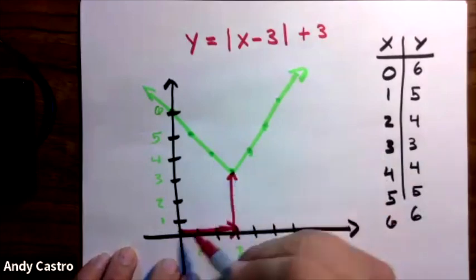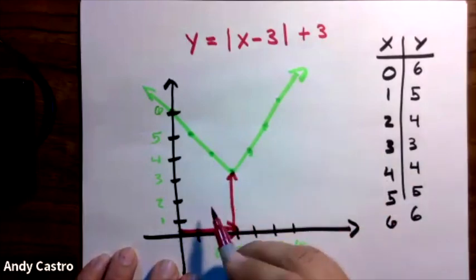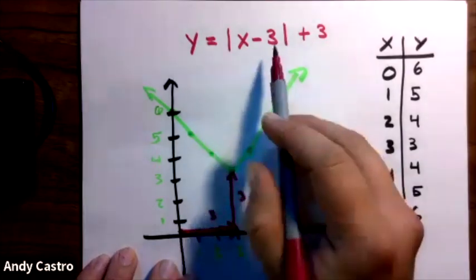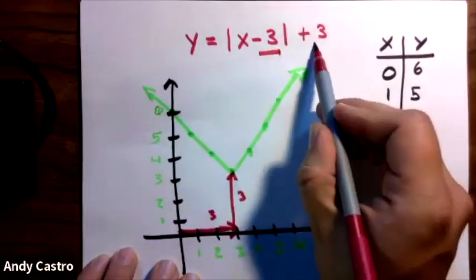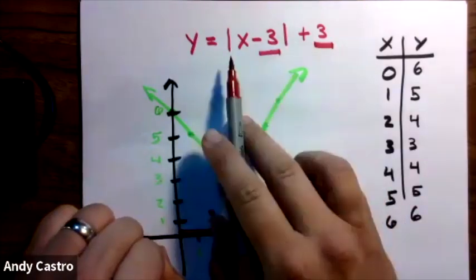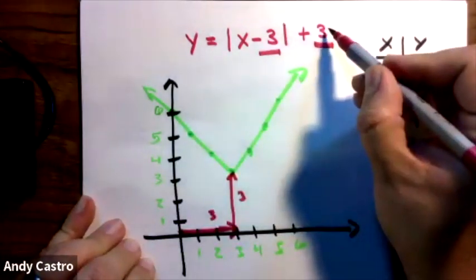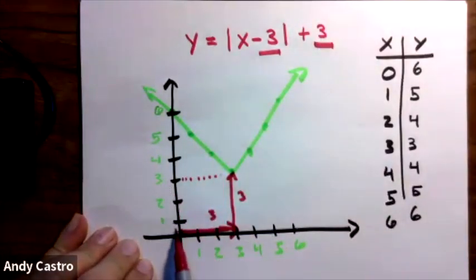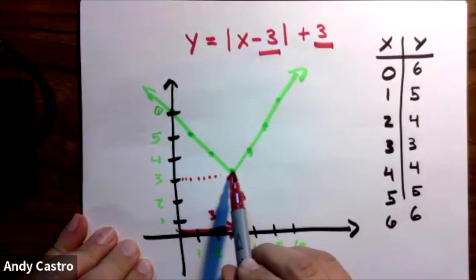Either way, it moved to right there. Notice that those are the same numbers here. So if we have an absolute value and we add a number to it, that's how far up we are going to shift that vertex point.